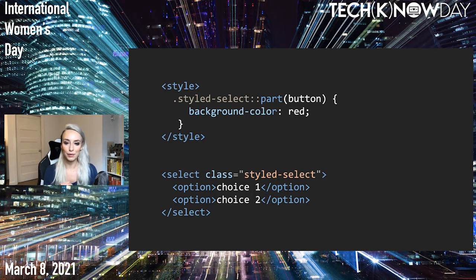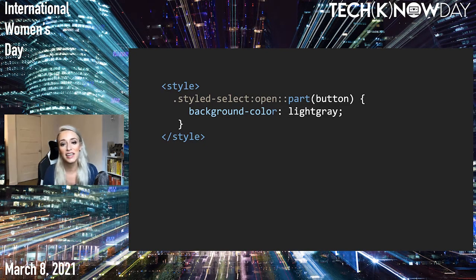So in our example here, we have our CSS class called styled-select, and we're utilizing the part pseudo element to target the button to change the background color. Notice here that the HTML code is just the code of a select today. So you wouldn't have to rewrite any of the actual form control. We're just exposing the parts of a select and giving devs access to styling via those pseudo elements and classes.